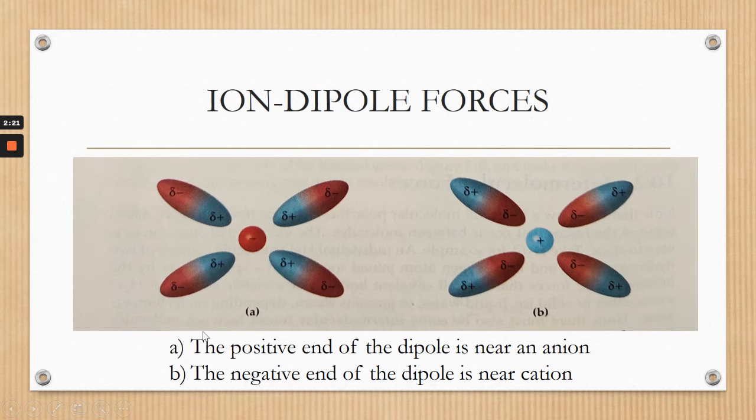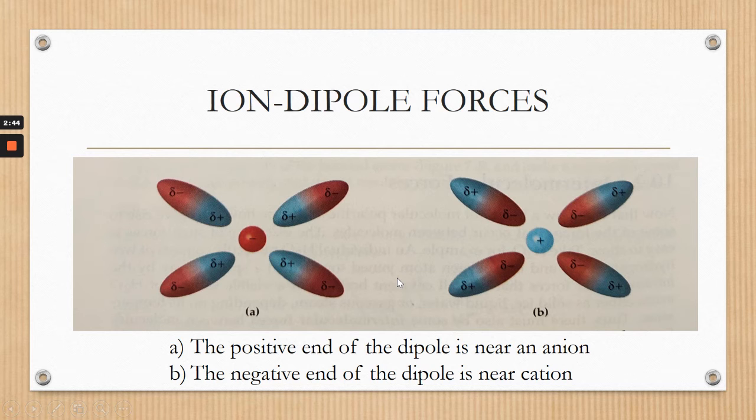You can see here in figure 4a, the positive end of the dipole is near an anion. It will attract, negative and positive, right? For B, the negative end of the dipole is near the cation. You can see the difference, right?